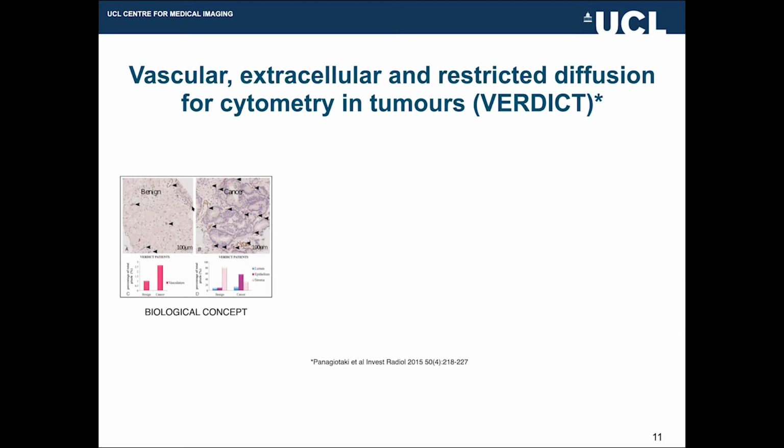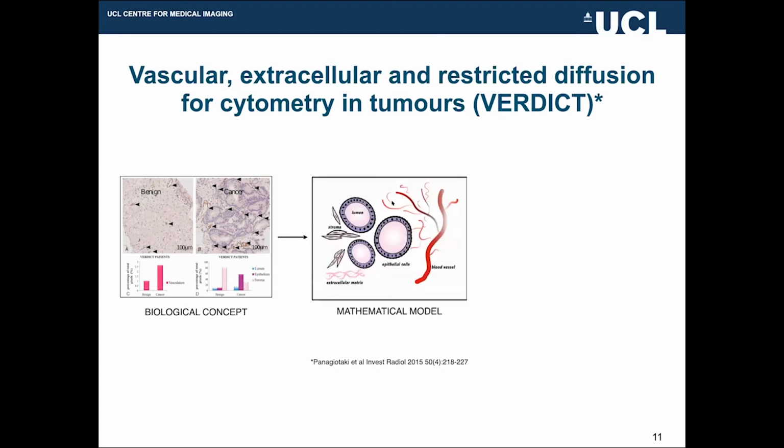But what you can do is go back, and the physicists at UCL came up with this. You can look at the histology of tissue, and you can look at compartments and particular tissue components. And from understanding the difference in the ratios of different compartments between benign and cancer, you can create a mathematical model of those compartments, and then you can create an MRI sequence, based on diffusion imaging, which fills in the parameters of this model.